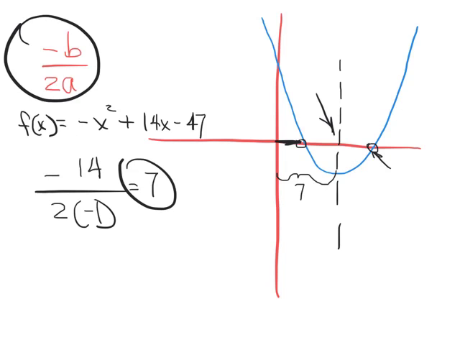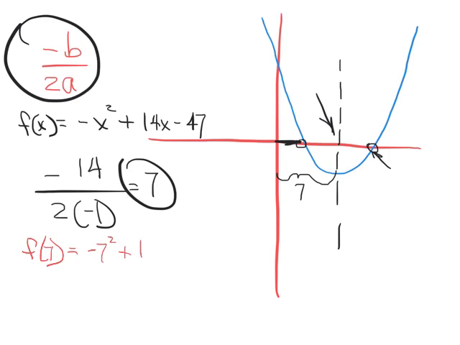I'm going to say that f of 7, so I'm going to put 7 in, is negative 7 squared. Oops, I'm sorry, not negative 7 squared. Let's put negative, 7 squared. So we're just squaring the 7.